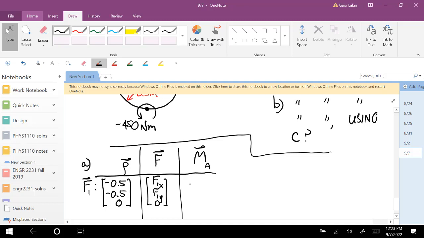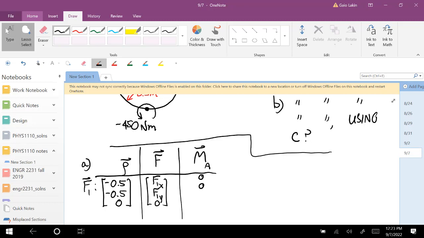If you take that cross product, I'm going to write the X and Y components first. Those come out to be 0. Because if you cross out for the X component, cross out these two, you get this times 0 minus 0 times this.